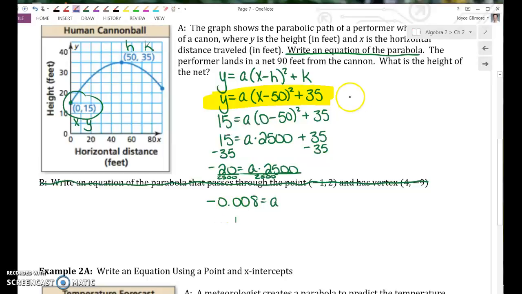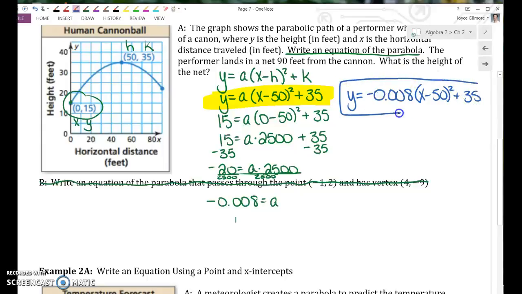Now we know what a is. So we can rewrite this. y equals negative 0.008 times (x minus 50) squared plus 35. That is the vertex form of this parabola.